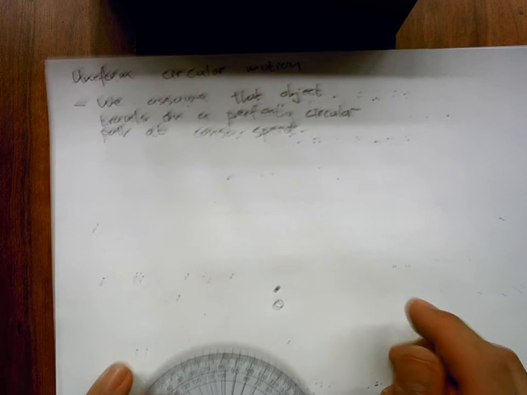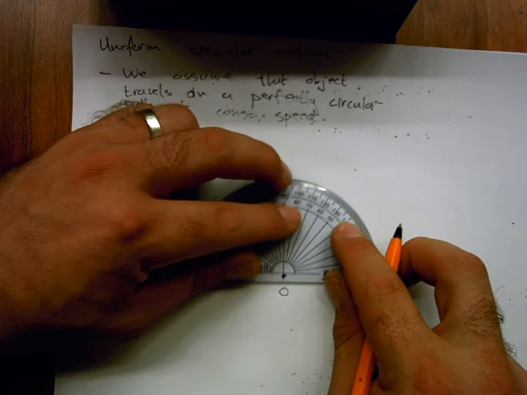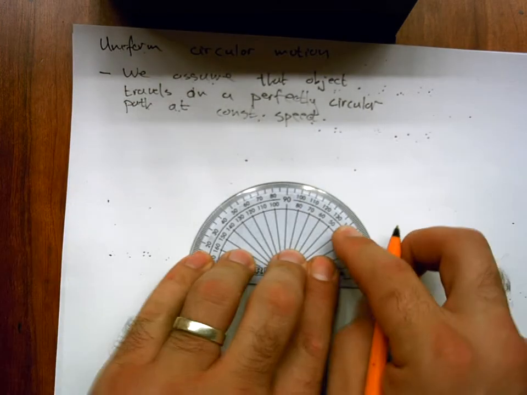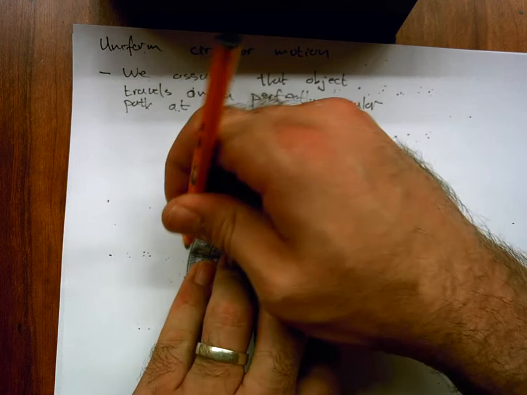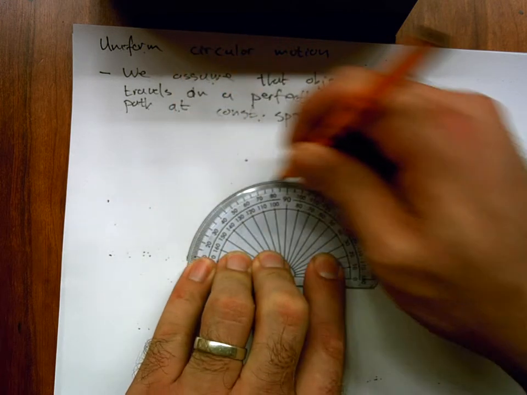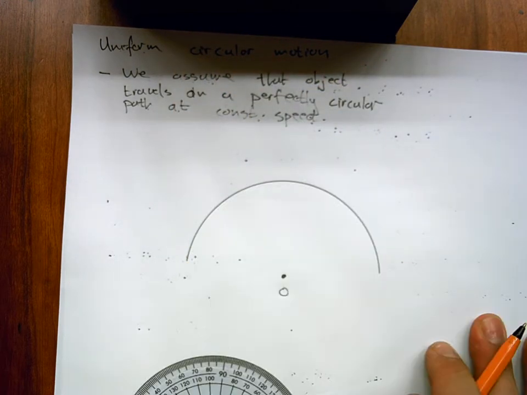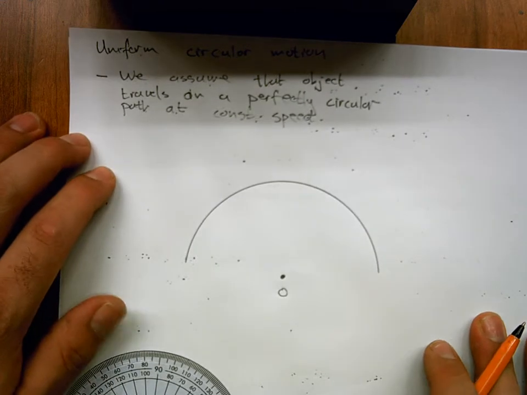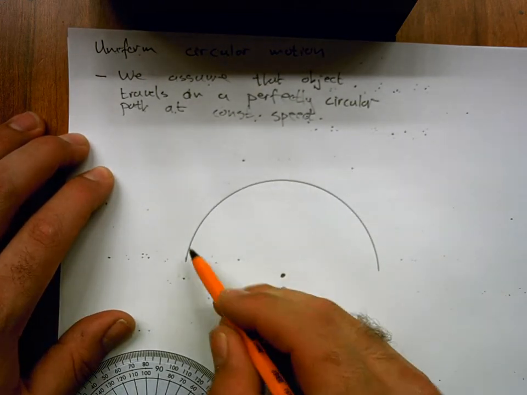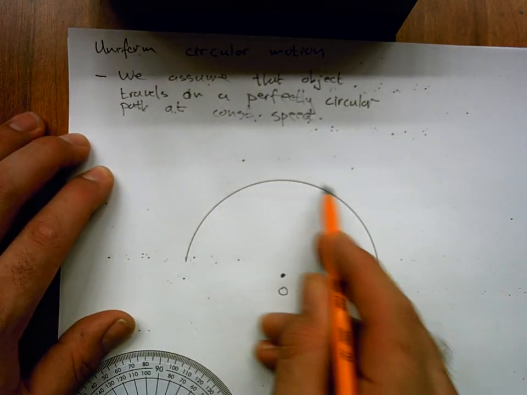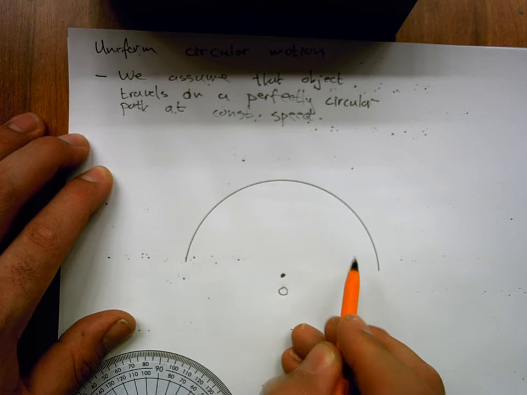So this is going to be our reference frame. And what we basically mean is we've got a circular trajectory like so. And we've got a particle that is moving all along this circular path with a constant speed.